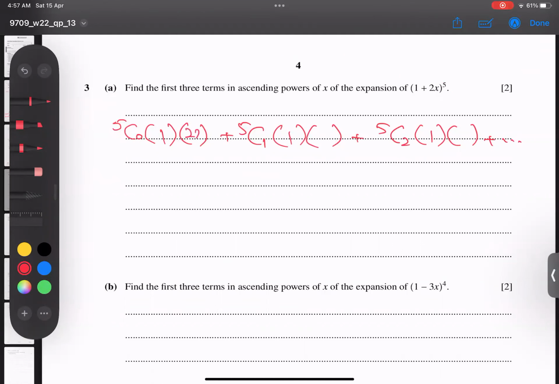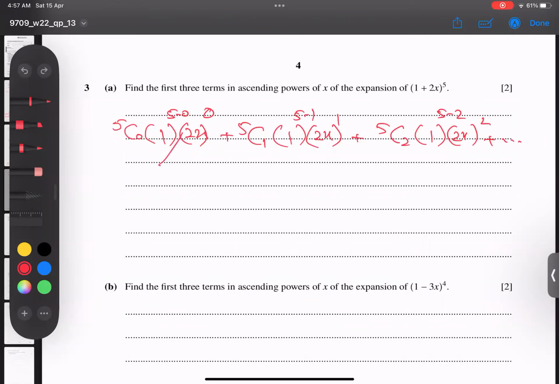So I'm writing 2x, 2x, 2x. The first power will be the difference of these numbers: 5 minus 0, 5 minus 1, 5 minus 2. And this number 0, 1, 2 goes directly on top of the 2x.